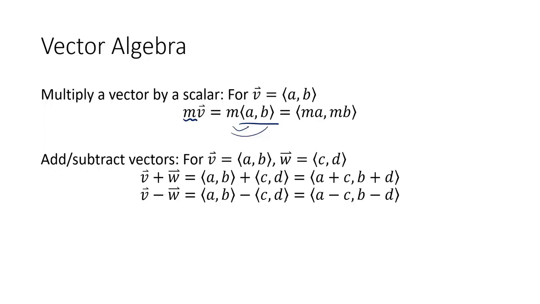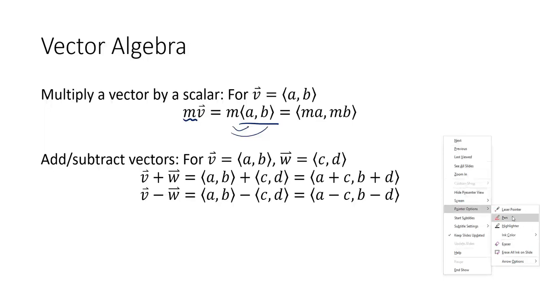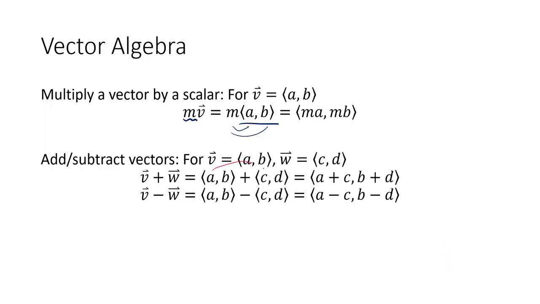If we're adding two vectors, we can add the corresponding components together. And if we're subtracting vectors, we can just subtract the corresponding components together, right? So that's how we find the algebra answer for the vector.